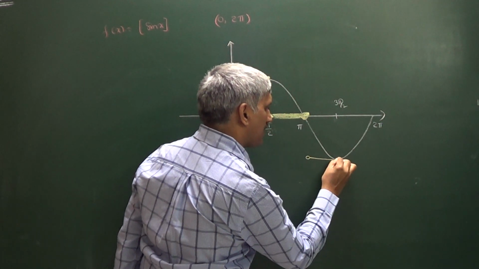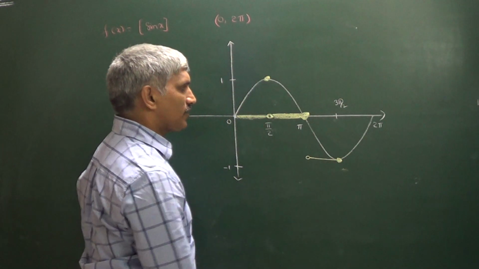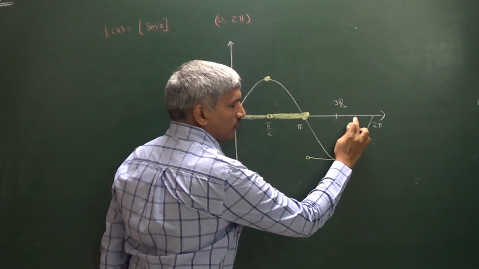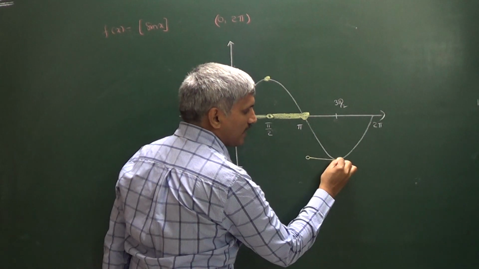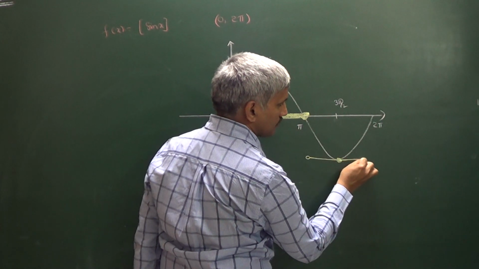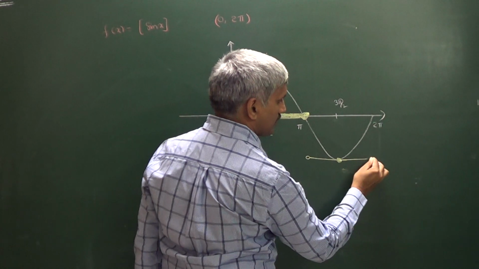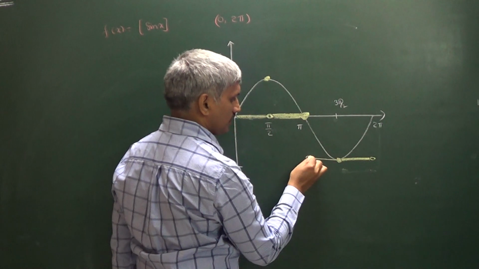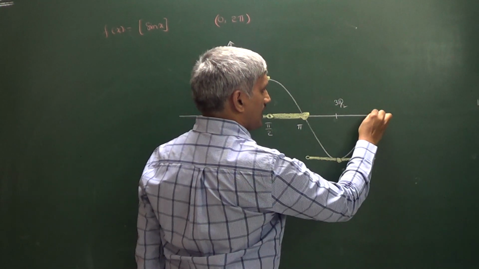At 3 pi by 2 also you will get minus 1. Again from 3 pi by 2 to 2 pi, this is the fourth quadrant, sin x is negative. That's why here also you will get negative values. Again at 2 pi we have an empty circle, because at 2 pi you will get 0.